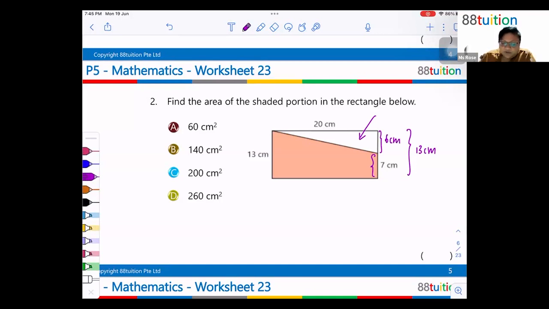To find the area of the unshaded triangle, it is half times base times height. That gives me 60.